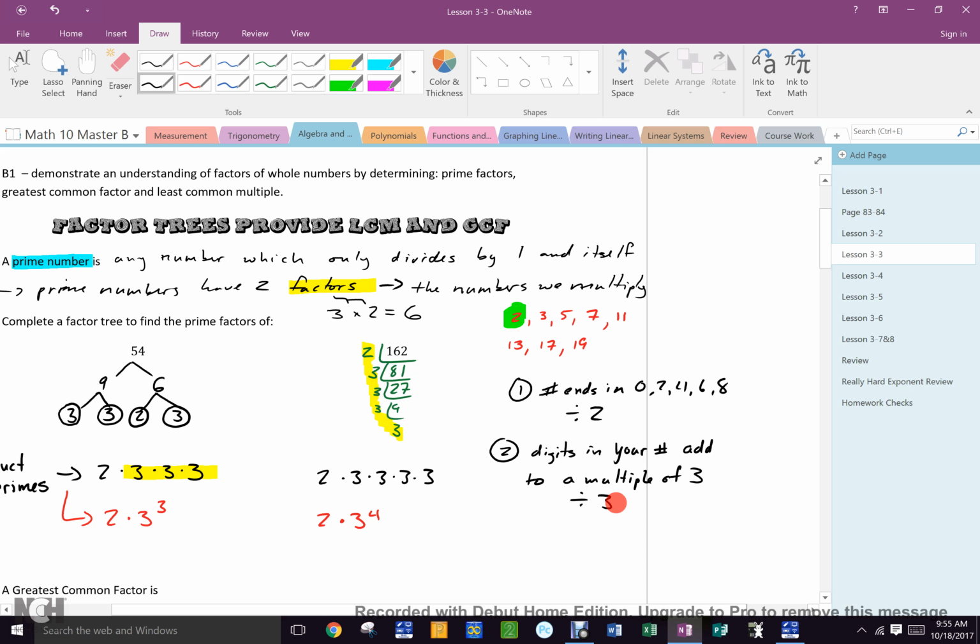What do I mean by that? 138. Can I divide that by 3? Yes, because 8 plus 3 is 11. 11 plus 1 is 12. 12 divides by 3, so I can divide that by 3. Everybody cool? Some people haven't actually heard these tricks, which boggles my mind.